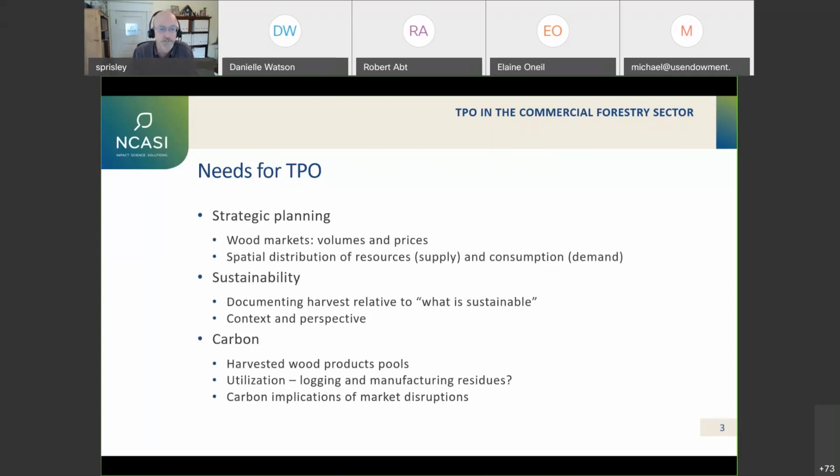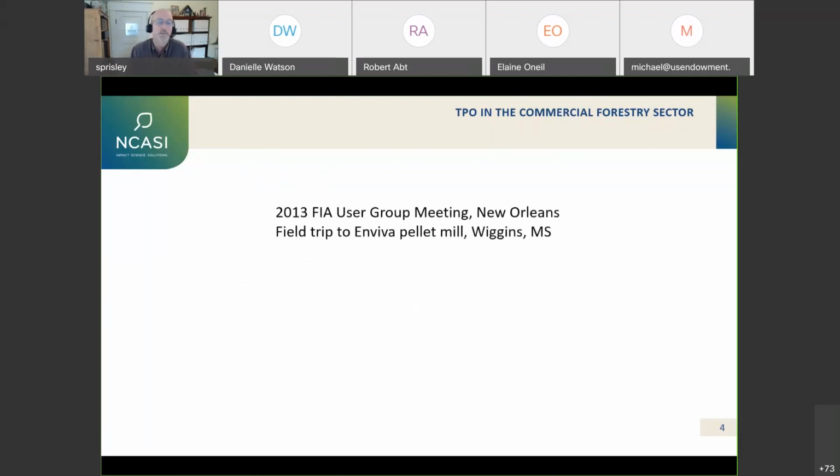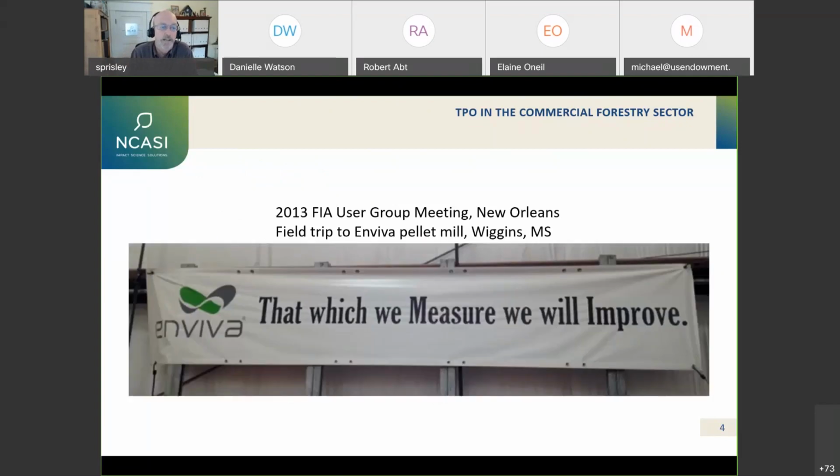Now, in terms of emerging needs, this is not exactly emerging, but I'd like to get into talking about uncertainty. So to do this, I want to take you back for a minute to a 2013 FIA user group meeting in New Orleans, Louisiana. It included a trip to an Enviva pellet mill in Wiggins, Mississippi. And on the wall in that mill was this poster, "That which we measure, we will improve."